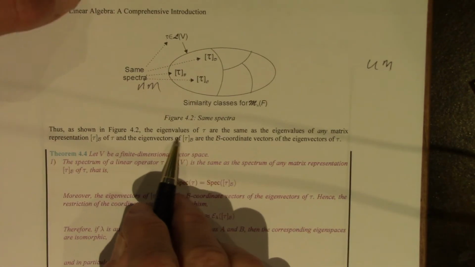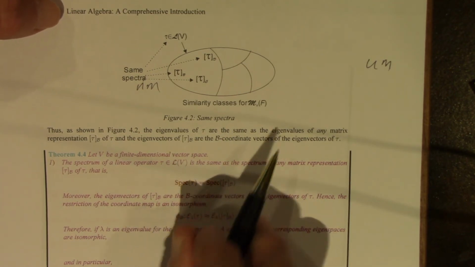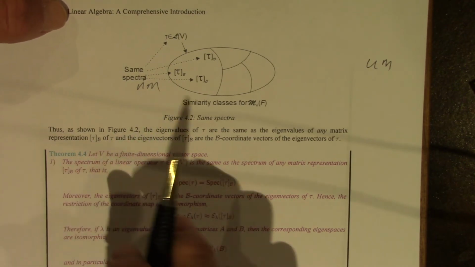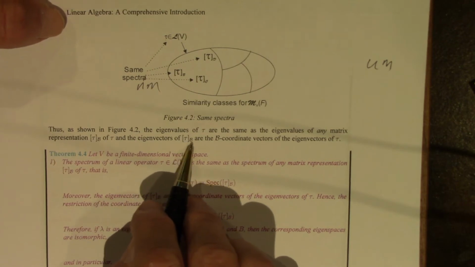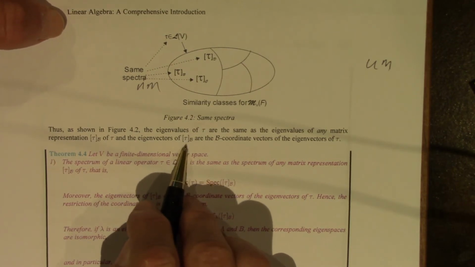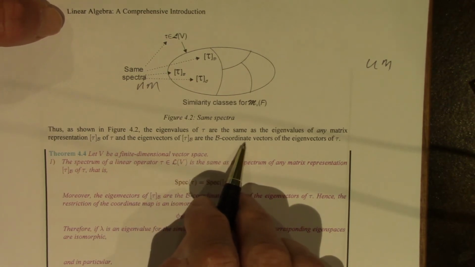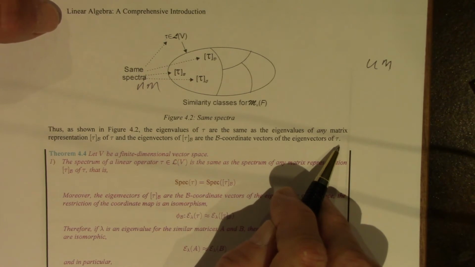Let me say that again, just to be clear. The eigenvalues of tau are the same as the eigenvalues of any matrix representation of tau. And the eigenvectors of a given matrix representation, tau b, are the b coordinate vectors of the eigenvectors of the operator.